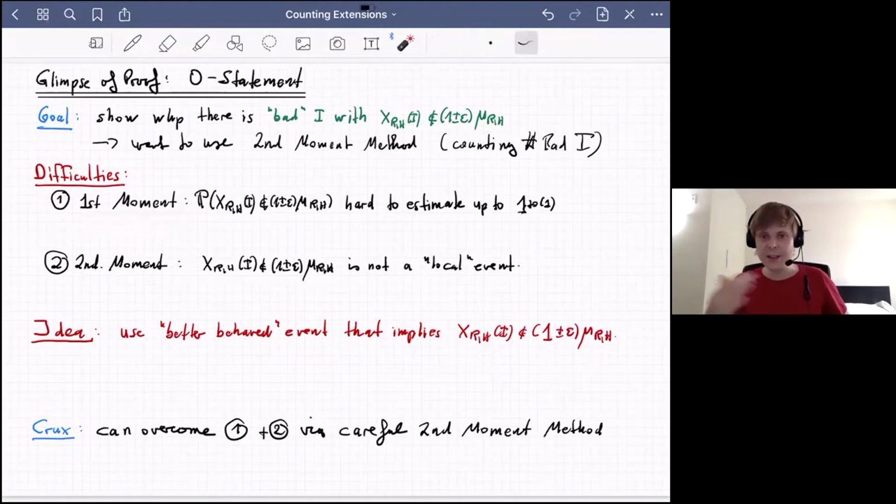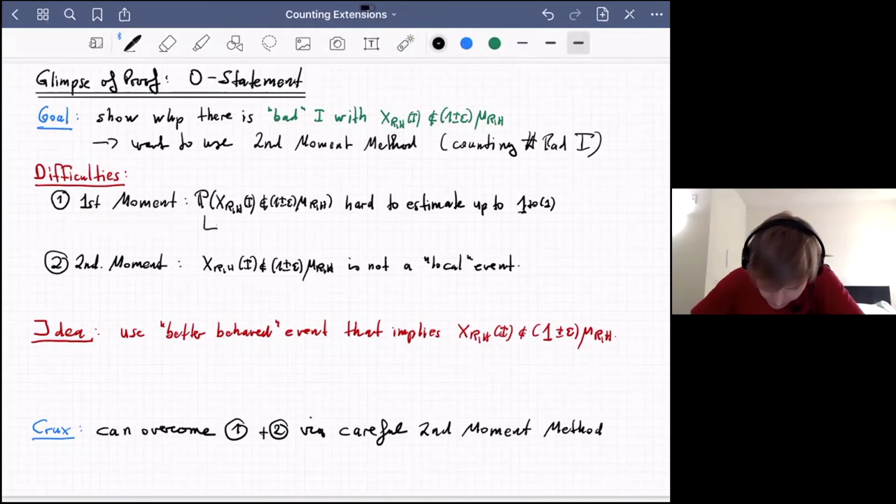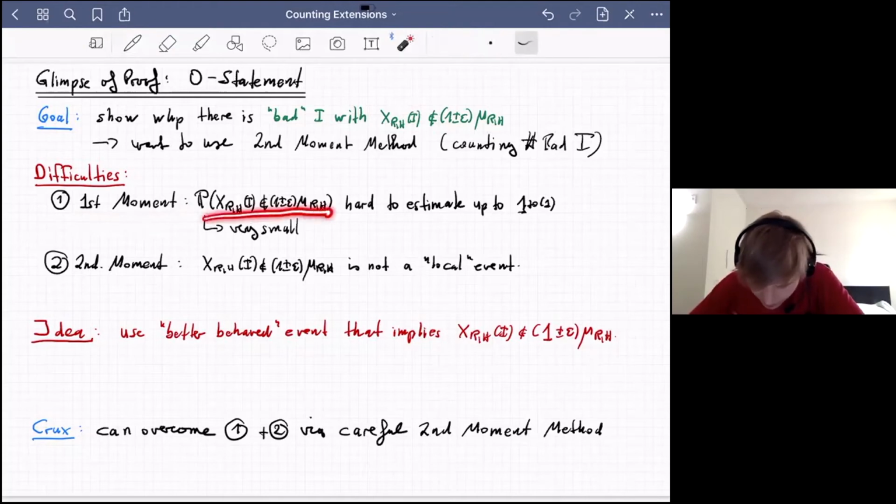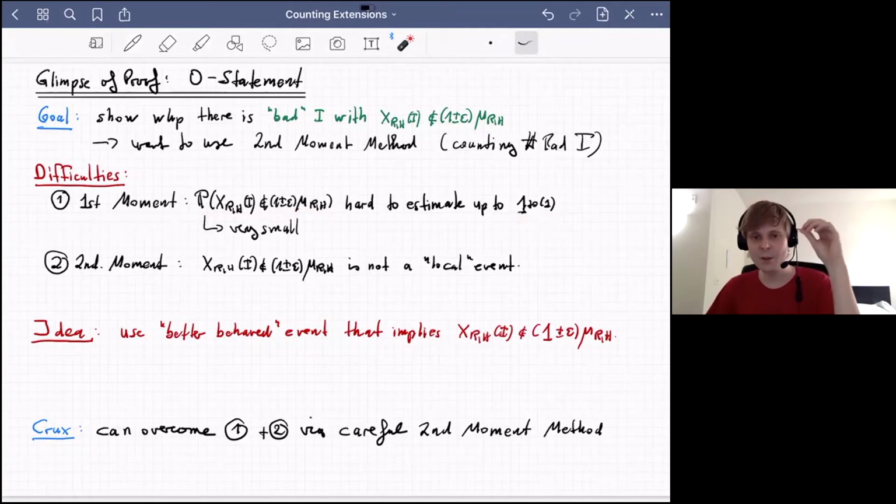Typically calculating the expected value is the easier part of the job. But here we already run into something that's a little bit tricky for two reasons. On the one hand, we need to calculate the probability that you have the wrong number of extension counts. We need to estimate this basically up to a 1 plus o(1) factor if we want to apply the second moment method. We need to know this probability very, very precisely.